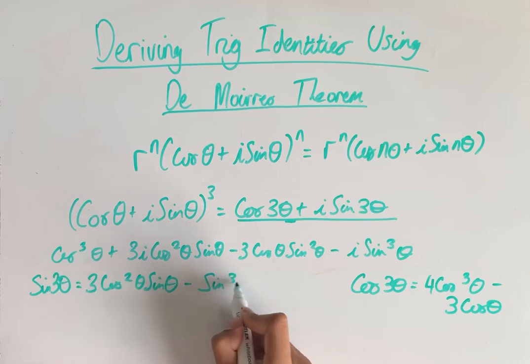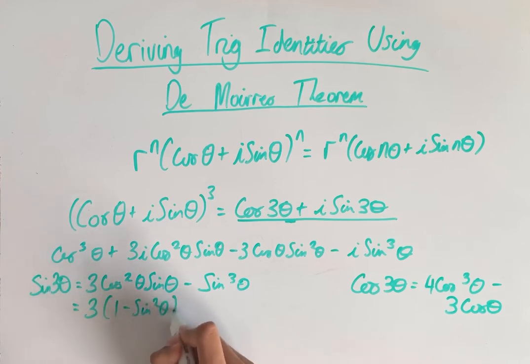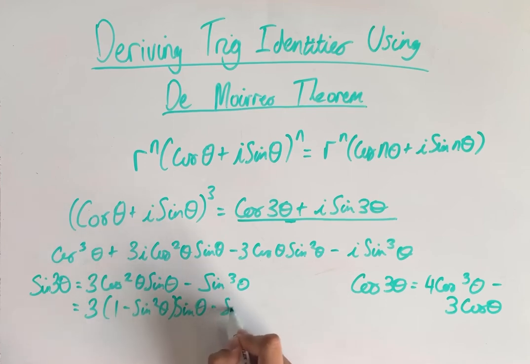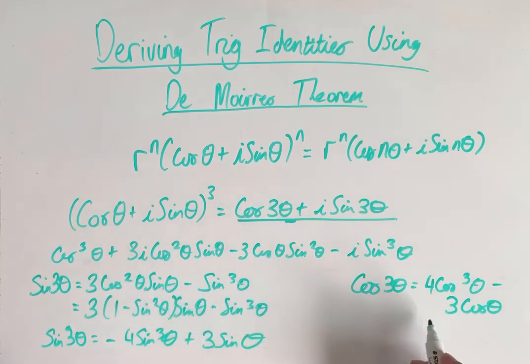minus sine cubed theta. And here we can use the same trick of cos squared plus sine squared equals 1, rearrange, and we find that it's 3(1 minus sine squared theta) sine theta minus sine cubed theta, and we find that sine 3 theta is equal to minus 4 sine cubed theta plus 3 sine theta, which is the same as this identity but multiplied by minus 1.